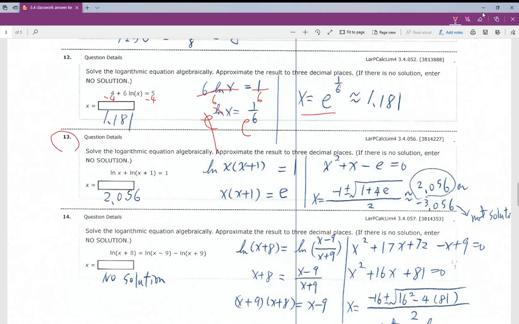Number 13. We start a more complicated calculation here. When you have two separate ln functions joined by addition or subtraction, addition means multiplication when you combine these two ln together inside one function. Follow our formula.